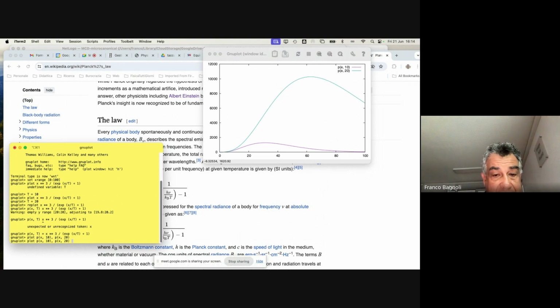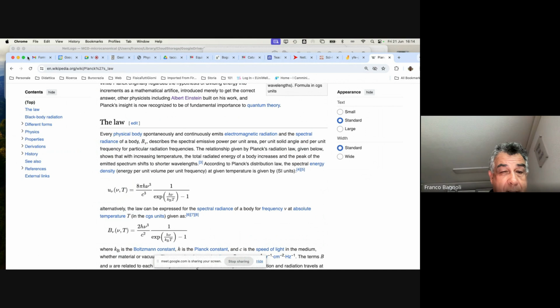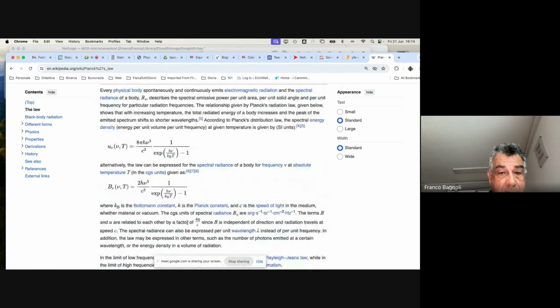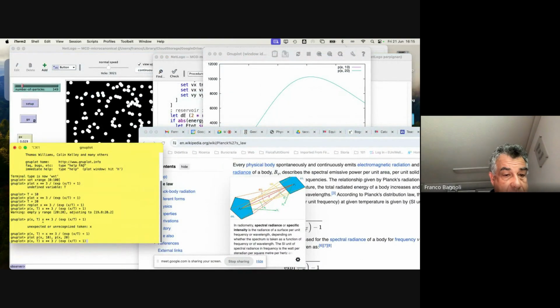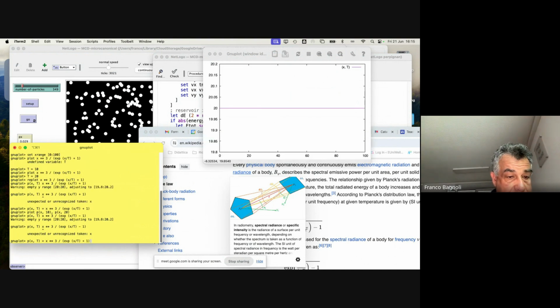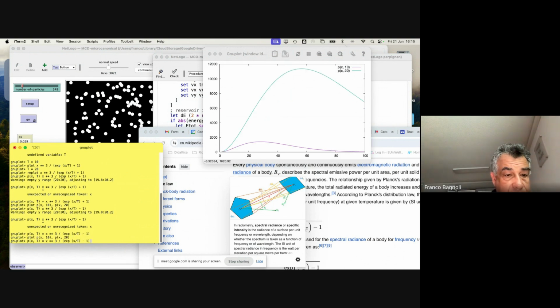It is not normalized, but we don't need to normalize. The normalization, it is minus 1, first of all. Otherwise, they are fermions. Let me see again. This minus 1 doesn't change very much.